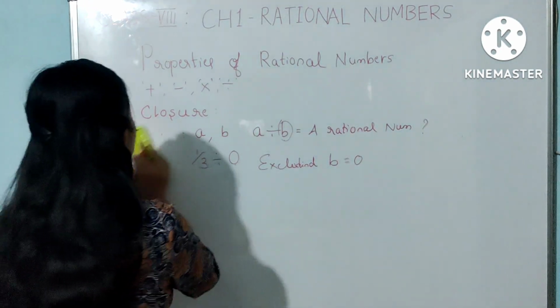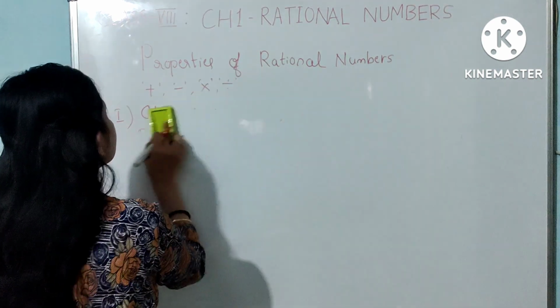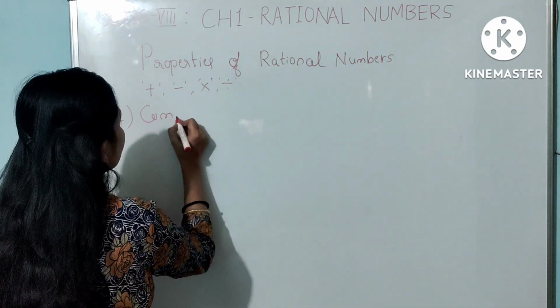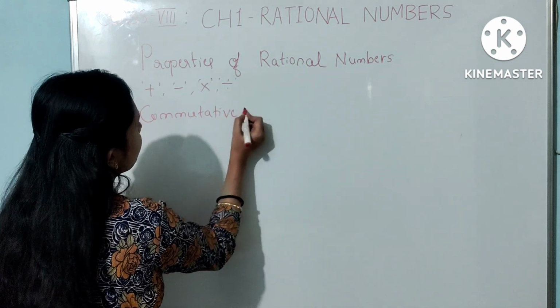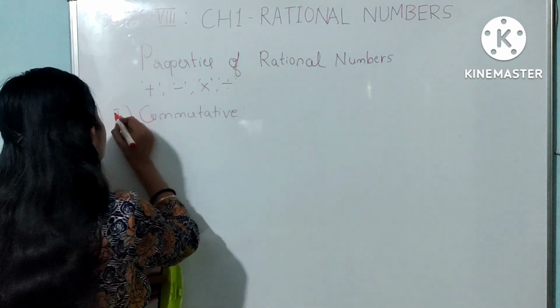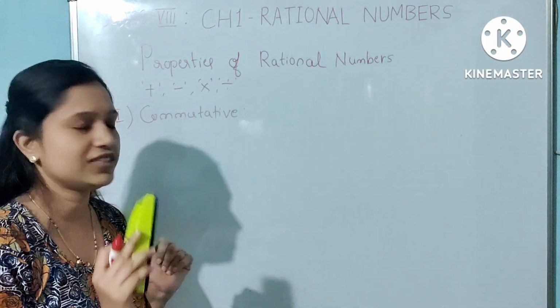The next property is commutative. For commutative as well, we are going to check with respect to addition, subtraction, multiplication, and division.